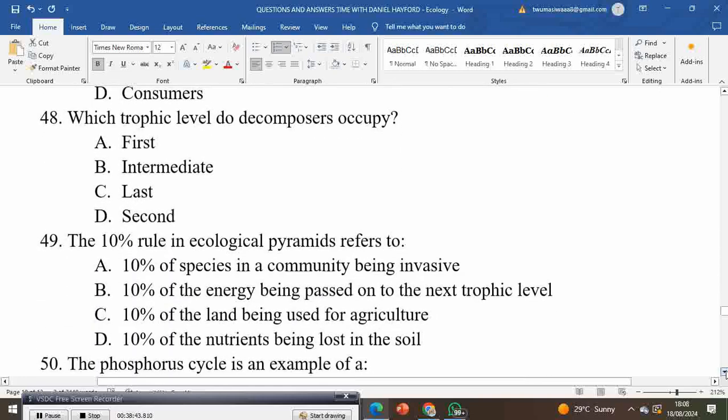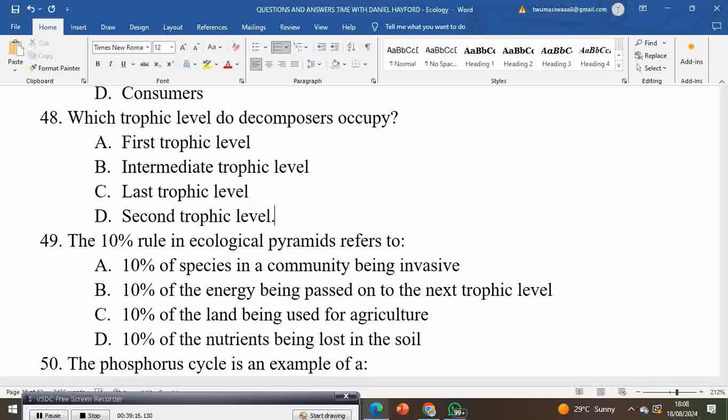Now, question number 48 and 49. 48 is, which trophic level do decomposers occupy? A, first trophic level. B, intermediate trophic level. C, last trophic level. And then D, second trophic level.